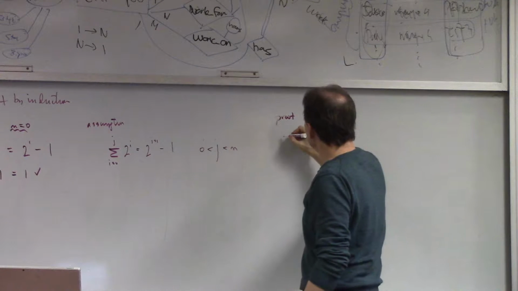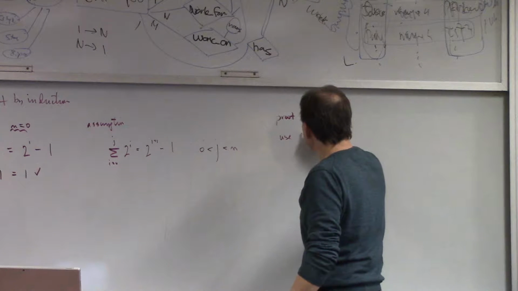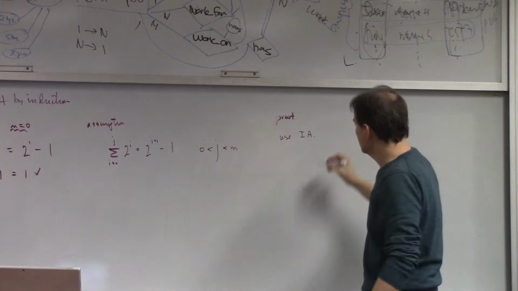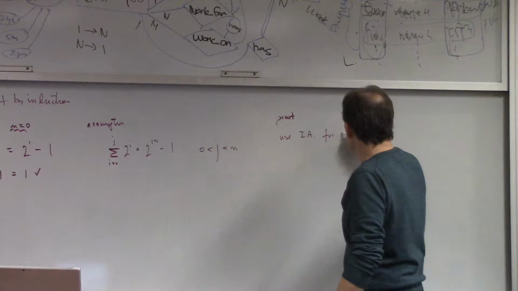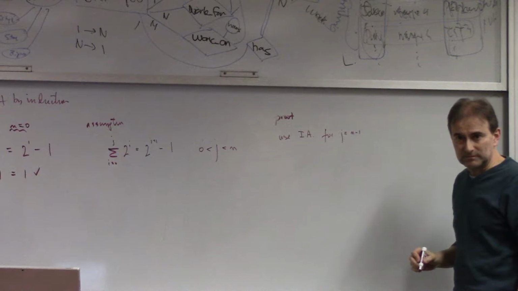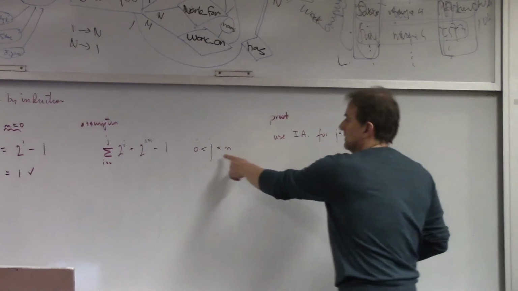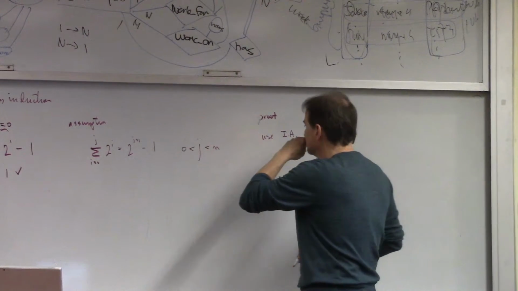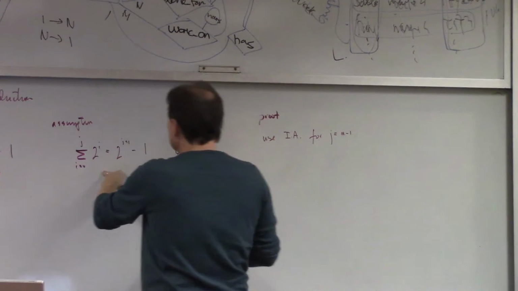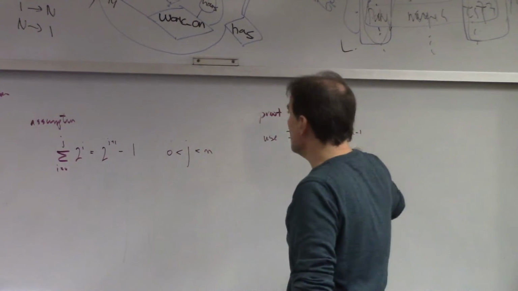So therefore we will use the inductive assumption for j equal to n minus 1. Okay? Because we can, so we maximize it. What's going to happen here is we take this inductive assumption and we replace j with n minus 1.